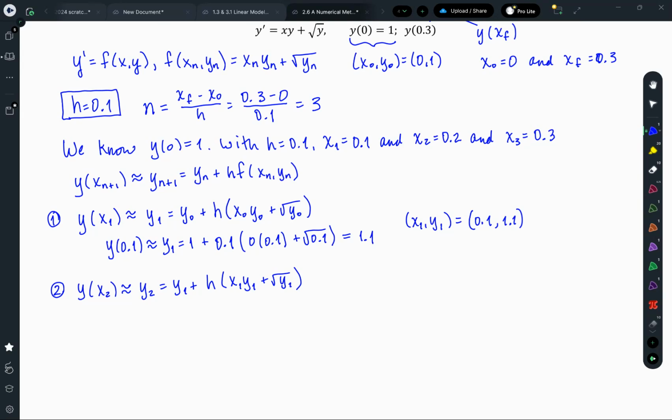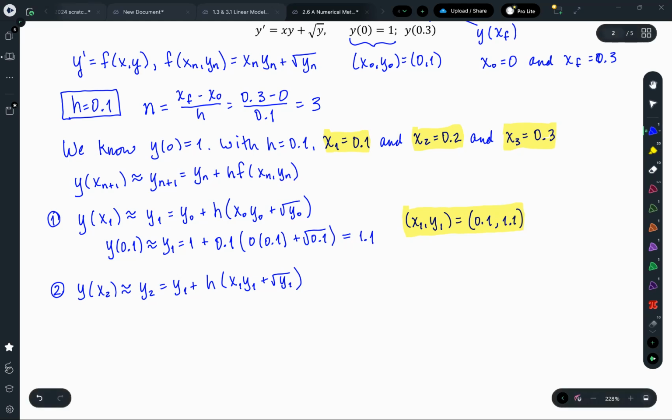Here I have a guideline. I know which x's, which y's I'm going to need, and I can pull them from the information up above, right? I've got my x1 here, I've got my x2 here, I've got my x3 here, so I can pull those values from up there. Directly above, I have the ordered pair that says x1, y1 is 0.1 and 1.1. And so those help guide me, okay?